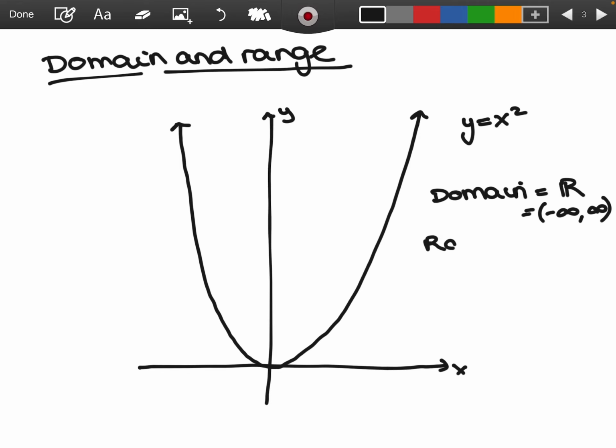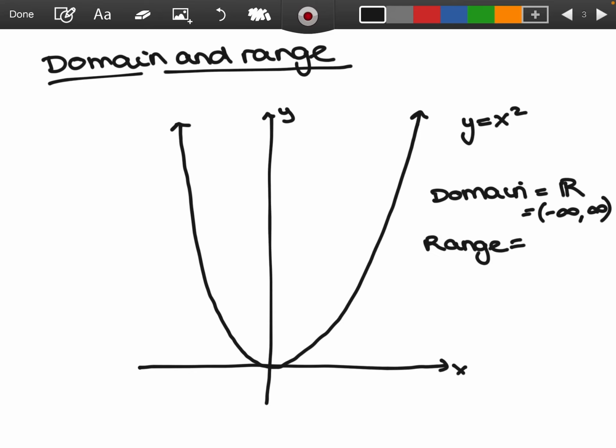Now the question is, what is the range for this function? Well, if I square any real number, positive or negative, I always get a positive number back. For example, if I square -3, I get 9. I don't get -9, I get +9. If I square 0, I get 0.